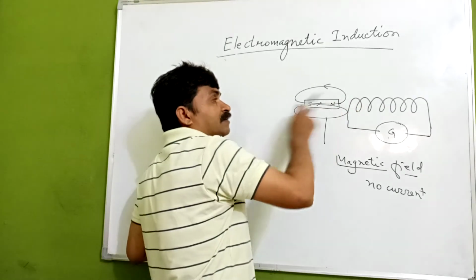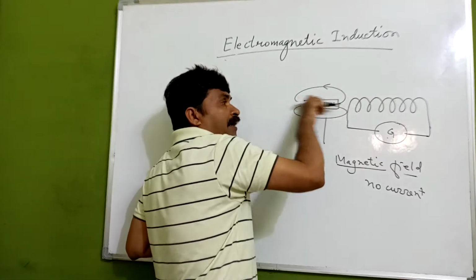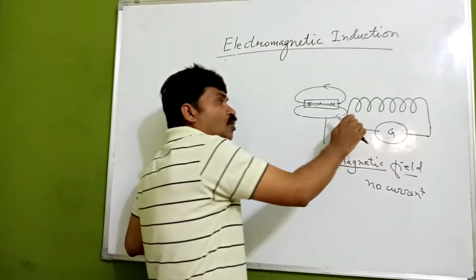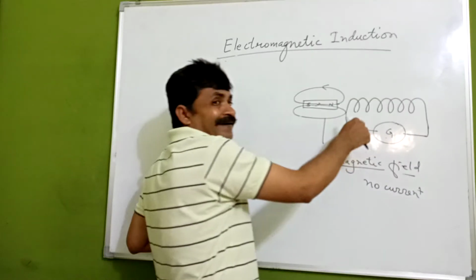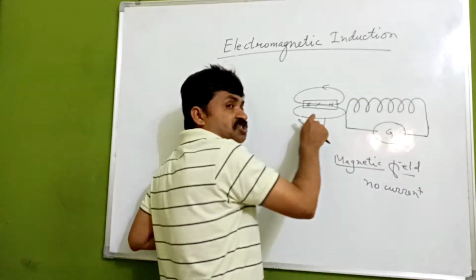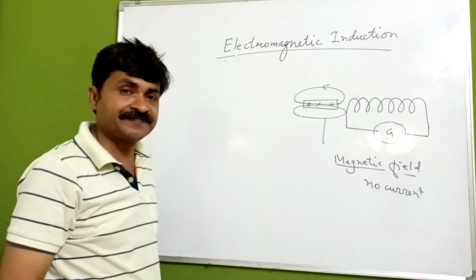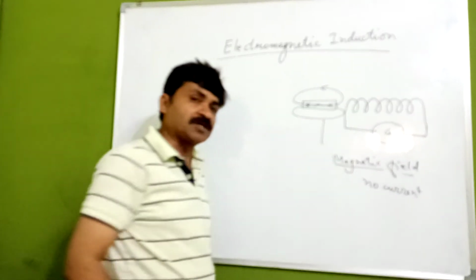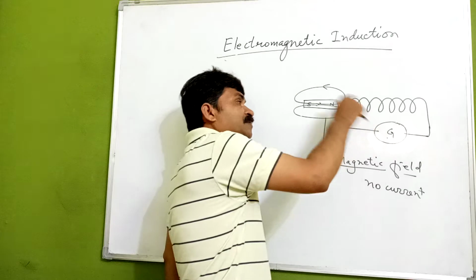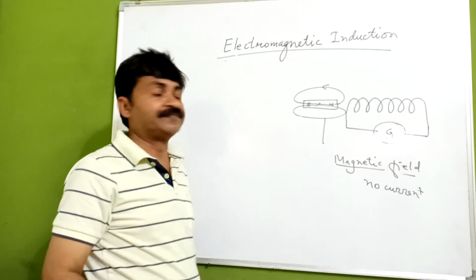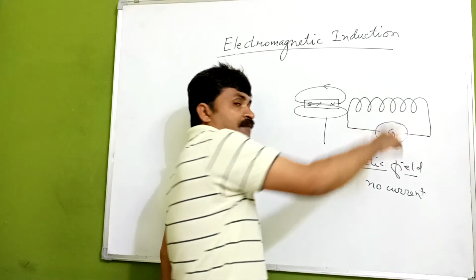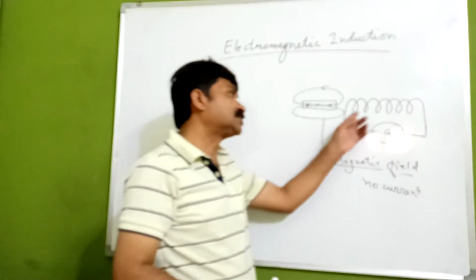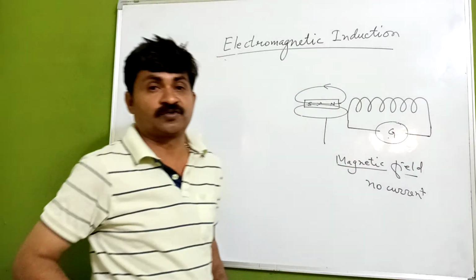So continuous to-and-fro movement of this magnet causes a current to flow through it. It is because of the change in the magnetic field lines with respect to time. It causes an EMF to be generated inside it, and this EMF causes a current to flow through it.